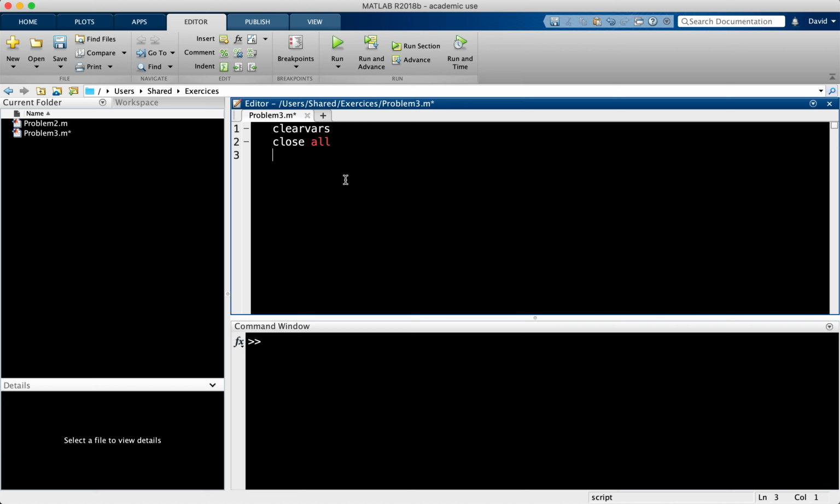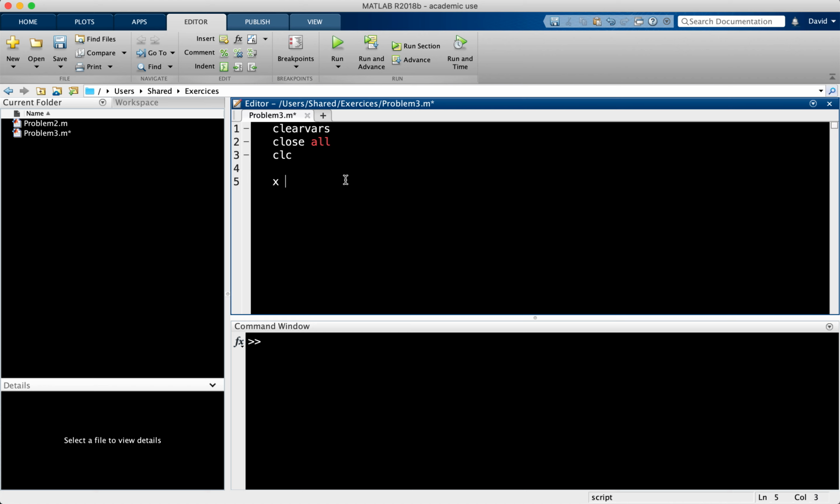We close all the previous figures and we start at the top of the command window, or alternatively you can just clean the command window entirely.